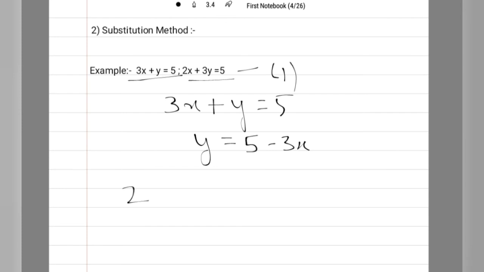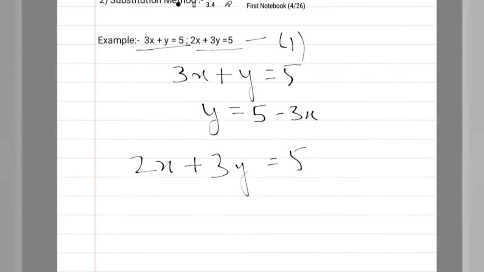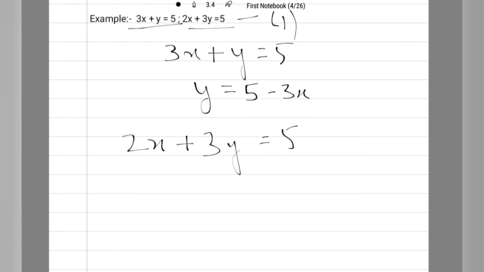Okay, so the second equation is 2x plus 3y is equal to 5. So if we put this value of y in the second equation, that is 2x plus 3 into 5 minus 3x is equal to 5.